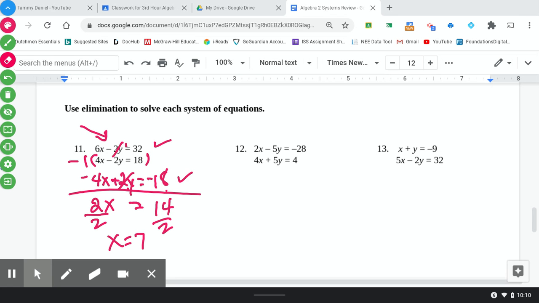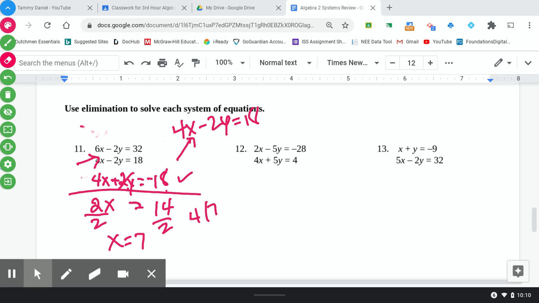So now we're going to use a little bit of substitution here. Since we know that x is 7, I can pick any of these equations that we've used so far and plug that x equals 7 in for x. If I use this equation right here, 4x minus 2y equals 18, and plug x is 7 in, we can solve for y.